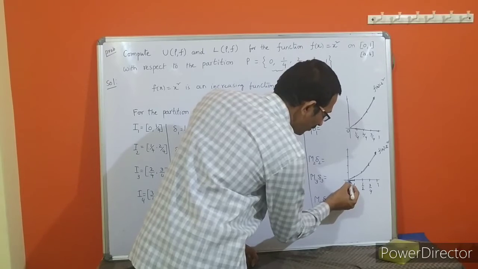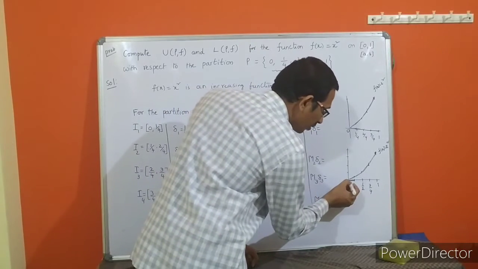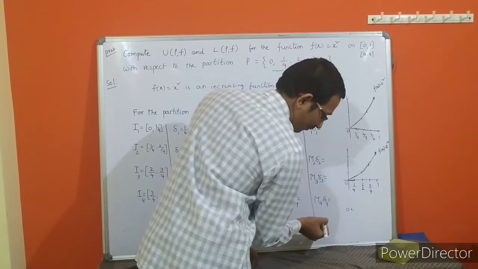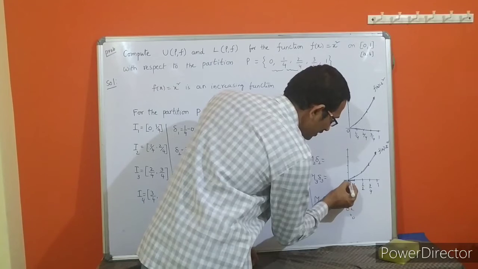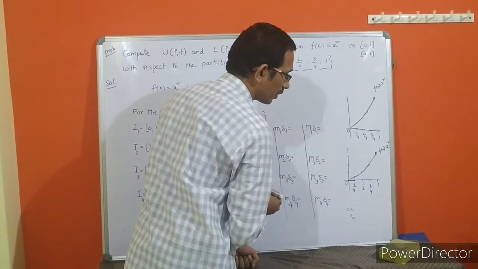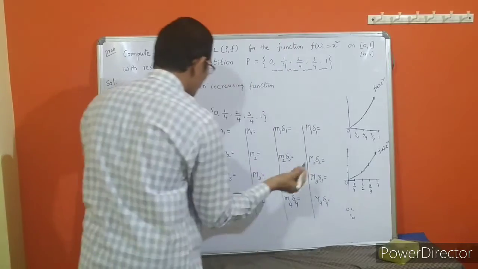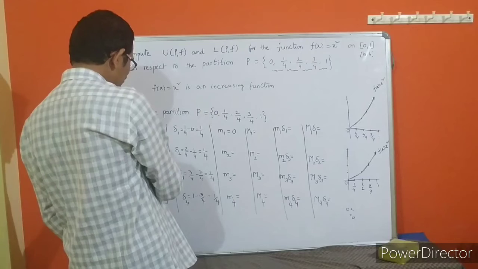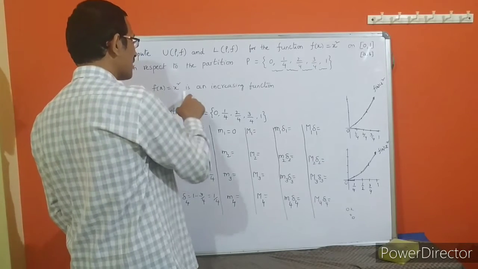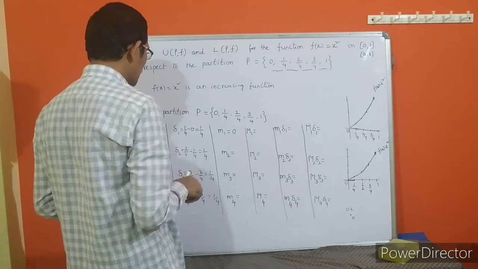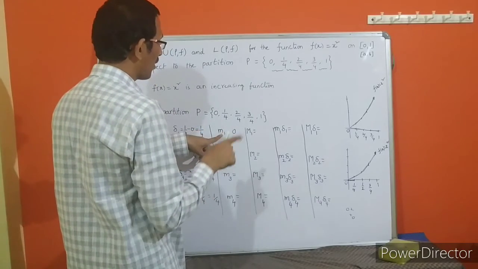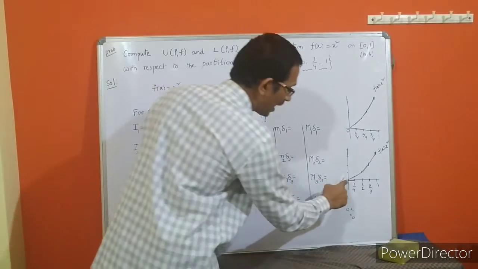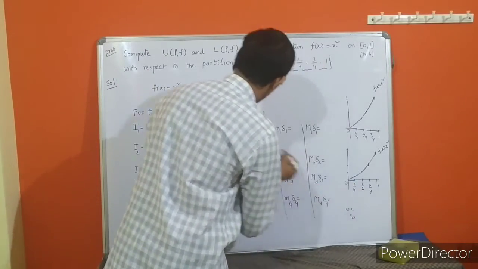What is the smallest value of x in this interval? 0 is the smallest value. So the smallest value of f(x) is 0², that is 0 only. So the infimum is 0. Got it? Because in this interval 0 to 1/4, f(x) is an increasing function, the infimum of f(x) comes at the smallest value of x. The smallest value in this subinterval is 0. Therefore, m1 is 0.